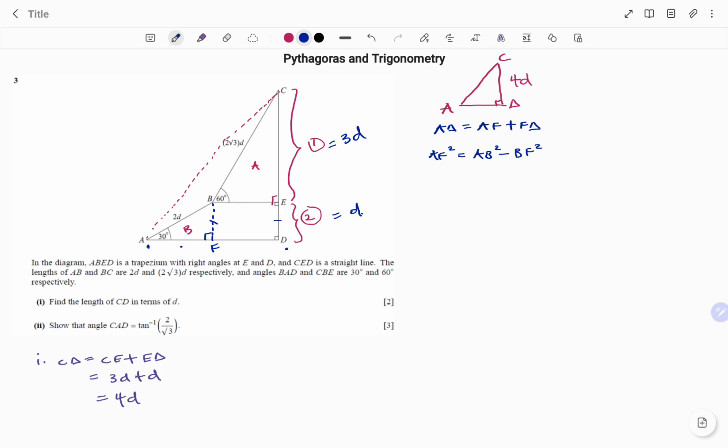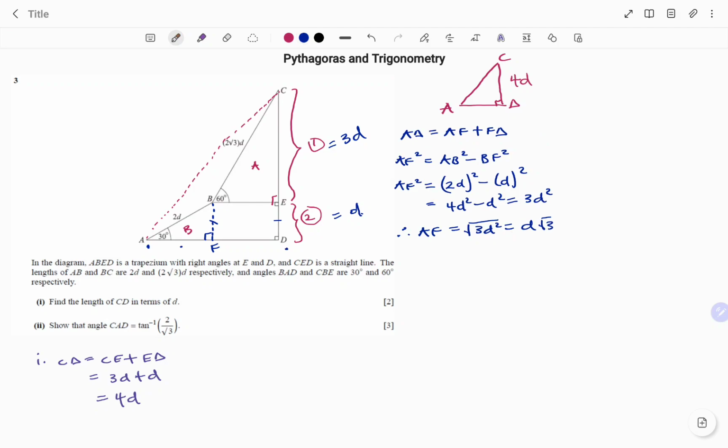AF squared, which is the side I'm looking for, equals AB squared, that's 2D all squared, minus, we've been able to show in the previous question that BF is equal to ED, which is D, so that's D squared. That will be 4D squared minus D squared, which will give me 3D squared. Therefore, my AF, square rooting both sides, will be the square root of 3D squared, which is the same as D root 3.